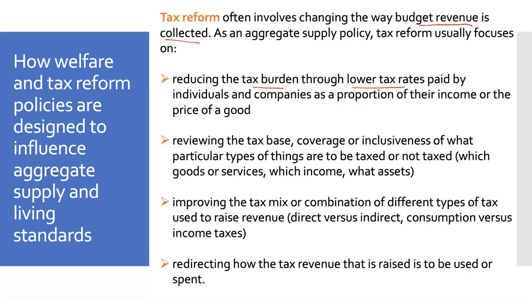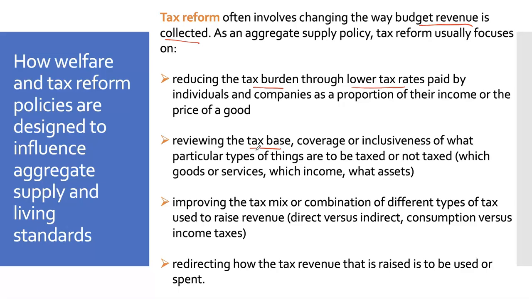They may review the tax base or coverage to see what is being taxed and not taxed. They might improve the tax mix, or combination of different types of taxes used to raise revenue, so they'll look at the things that they are taxing. Or they might redirect how the tax revenue raised is going to be used.